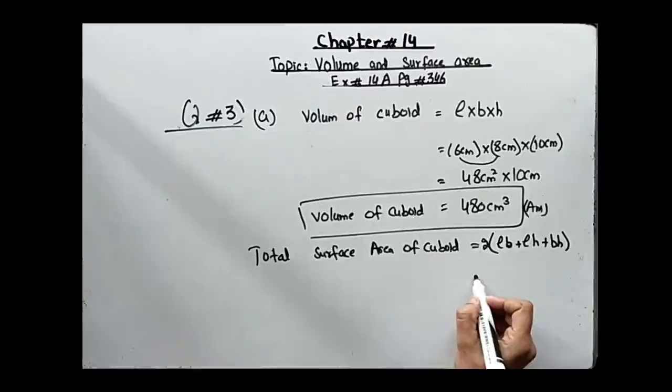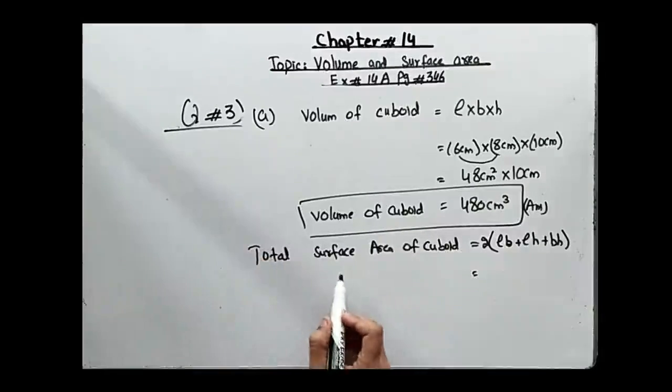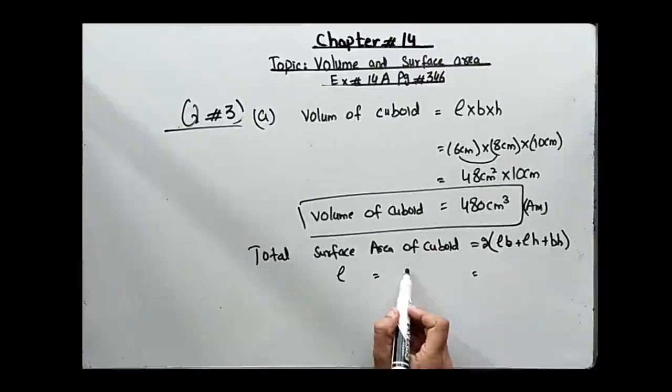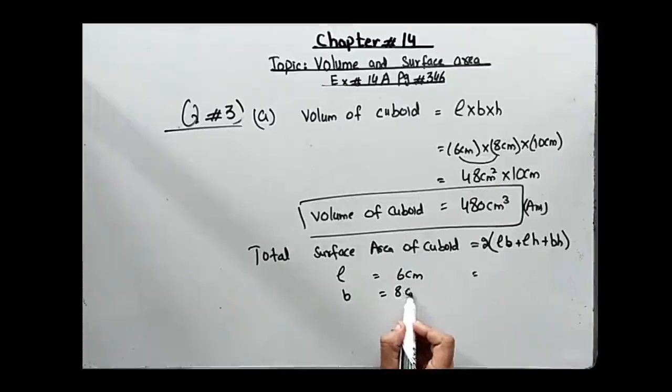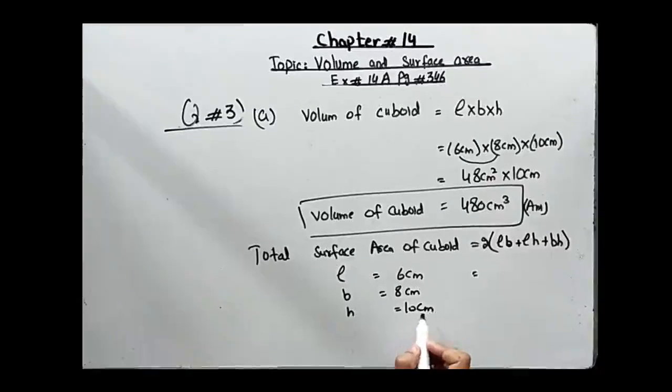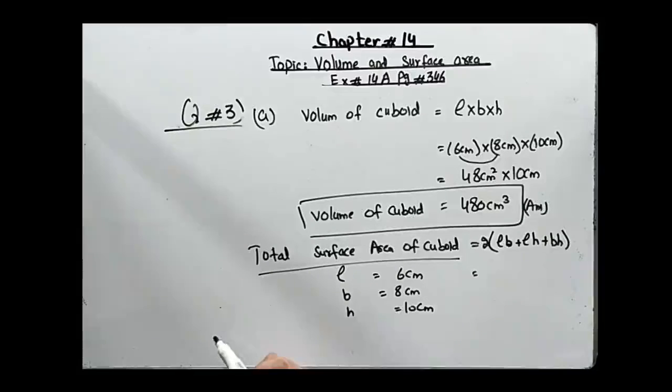As we know, length is equal to 6 centimeter, breadth is equal to 8 centimeter, and height is equal to 10 centimeter. So put the values of length, breadth and height in this formula and then find the total surface area. Got it, beta? Now solve this question in your notebook, and D part is your task.